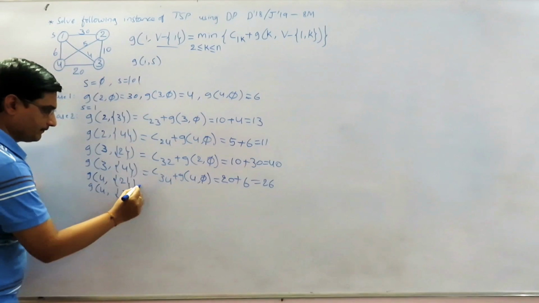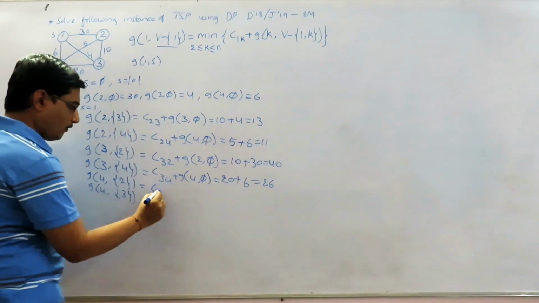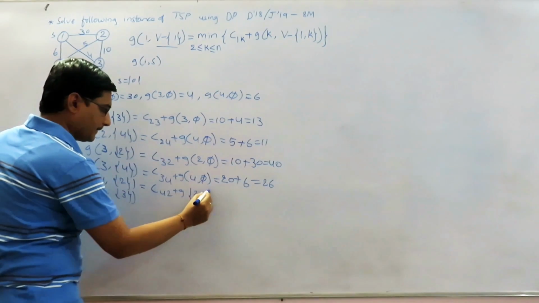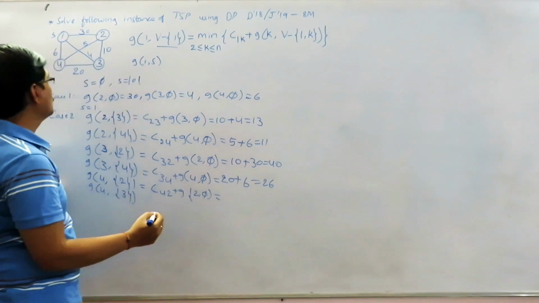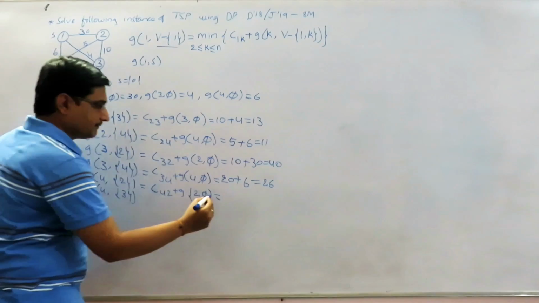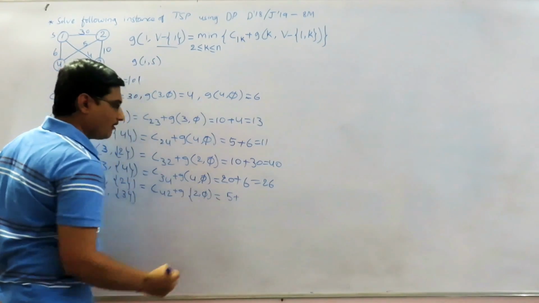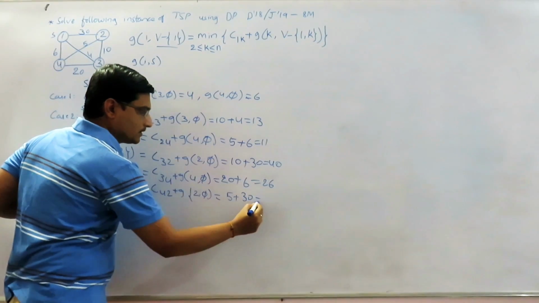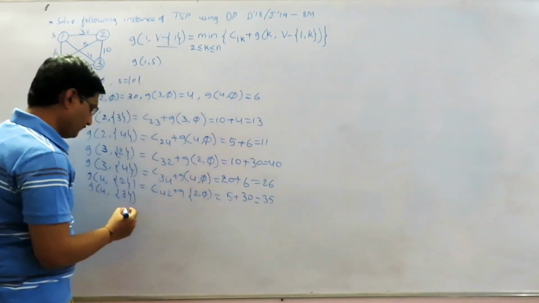That is C42 plus G of 2 comma phi, that is 4 to 2 is 5 plus G of 2 is 30, so that is equal to 35.